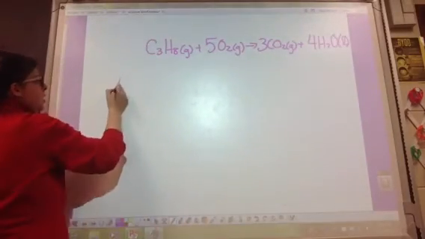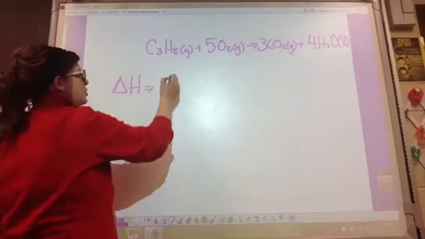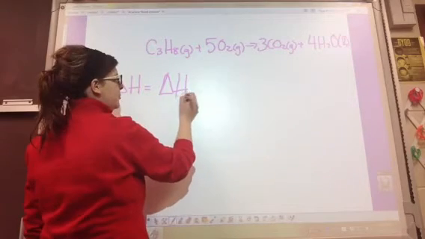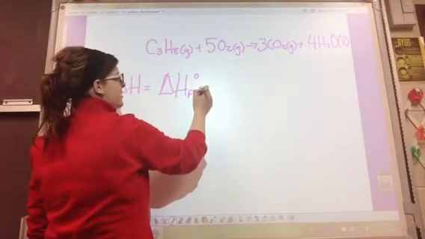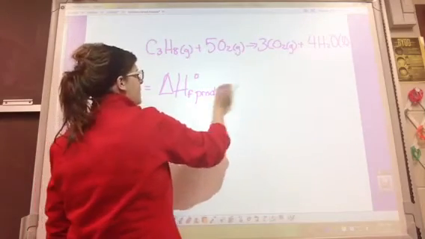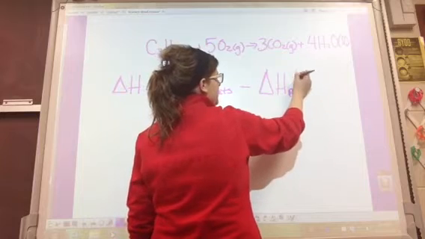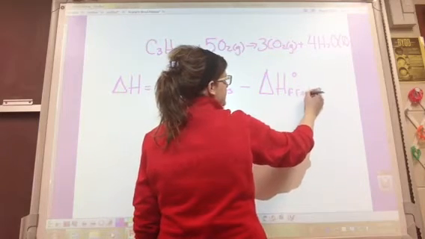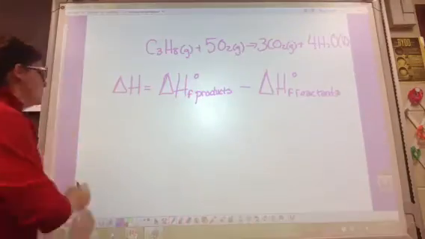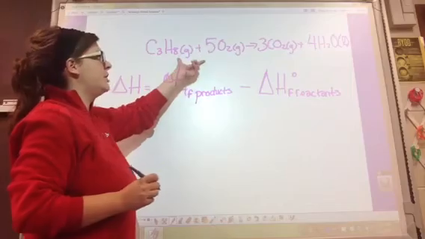And I know if I wanted to find the overall delta H, that would be equal to the standard enthalpies of formation of the products minus the standard enthalpies of formation of the reactants. So products are over here, my reactants are over here.